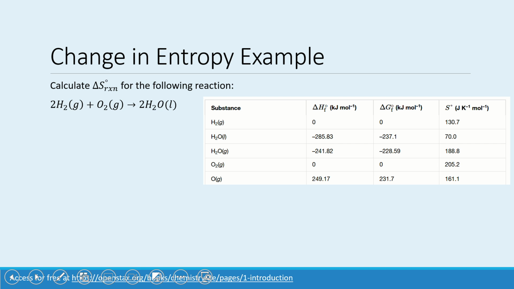Okay, so when we are looking at the molar entropy states in a table, you may have to look this up in your appendix of your textbook. So that's where I got all of this information. Now, when you're looking at the substances, make sure that you note the phases, right? So hydrogen gas, oxygen gas, and water in its liquid state.